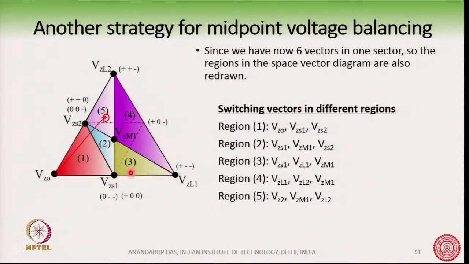For region 2, the enclosing vectors are Vzs1, Vzm1 and Vzs2. For region 3, these are the 3 enclosing vectors. For region 4 these are the 3 enclosing vectors, and for region 5 these are the 3 enclosing space vectors, and this is shown here.